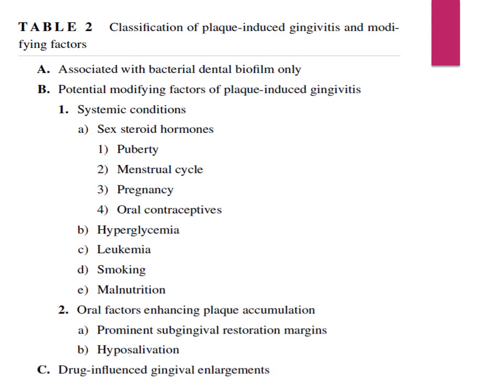Second, potential modifying factors of plaque-induced gingivitis. From the name of Part B, it means that there is a modification of the dental plaque response by the presence of other factors that will exaggerate the inflammatory response, such as systemic conditions like steroid hormones, hyperglycemia, leukemia, smoking, and malnutrition.